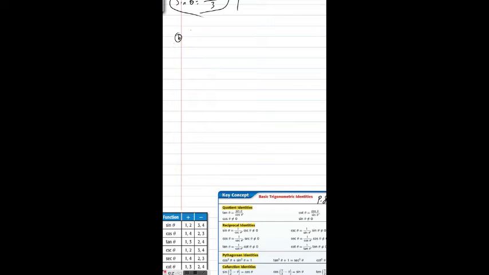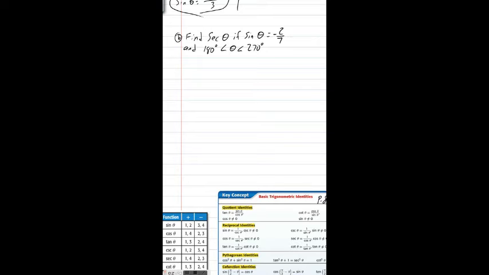If I ask you to find secant of theta if sine of theta is equal to negative 2 over 7, and this time theta is going to be greater than 180 degrees and less than 270 degrees.